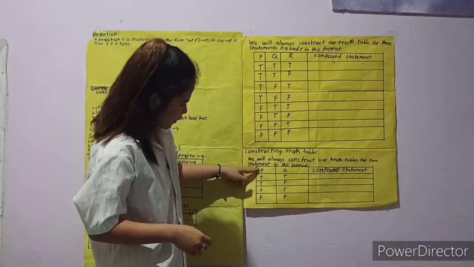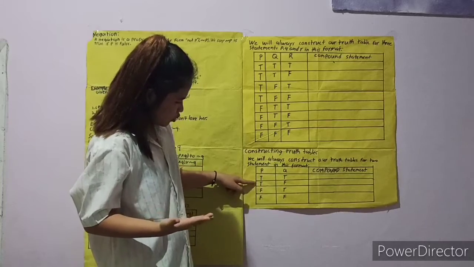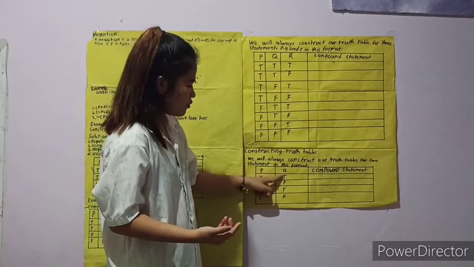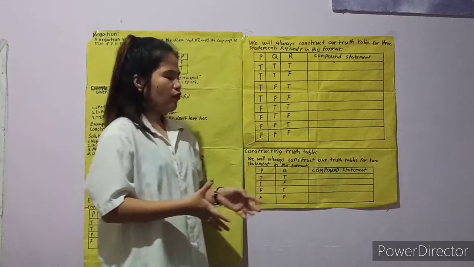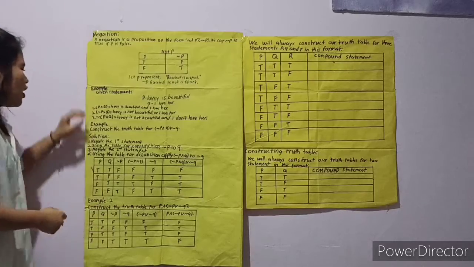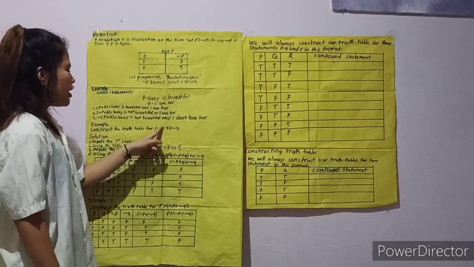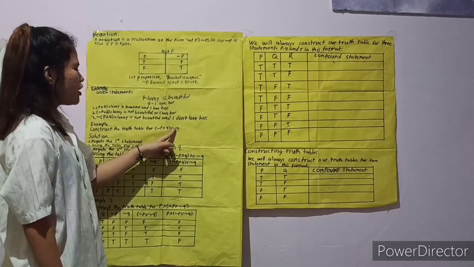We have P: true, true, false, false. And Q is true, false, true, false. Construct the truth table for negation of P and Q, or negation of Q.